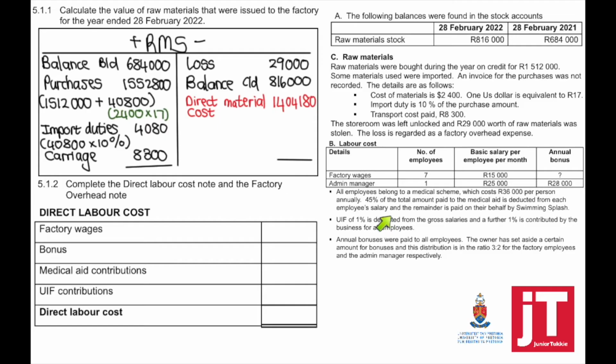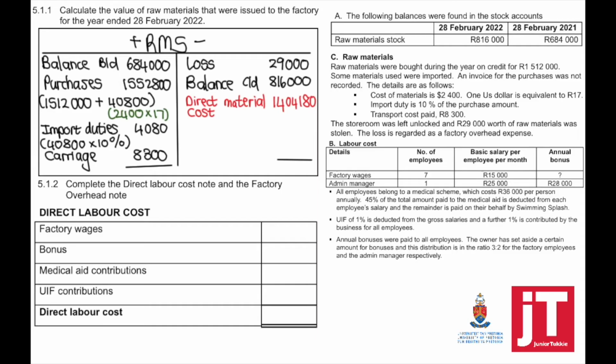Now it says, all employees belong to a medical aid scheme, which costs 36,000 per person annually. 45% of the total amount paid to the medical aid is deducted from each employee's salary, and the remainder is paid on their behalf by Summer Splash.